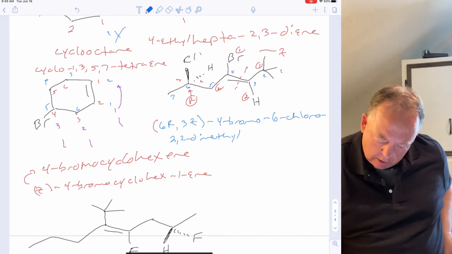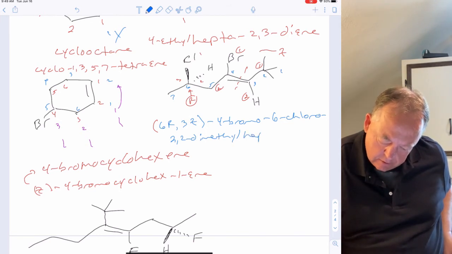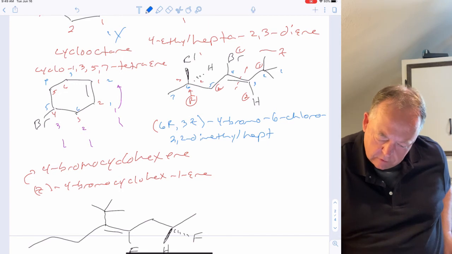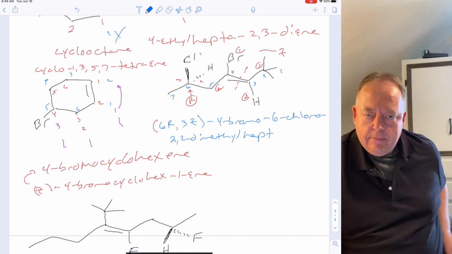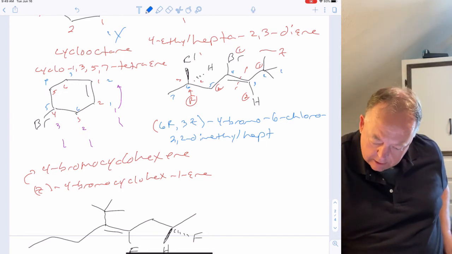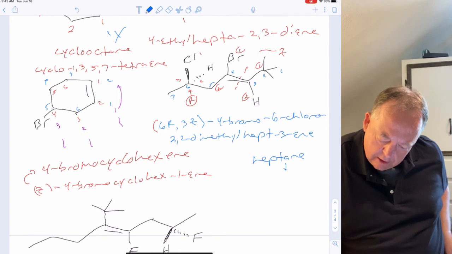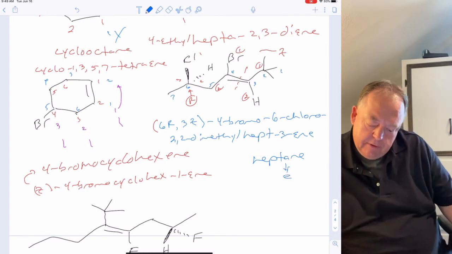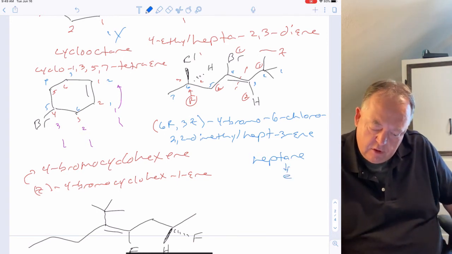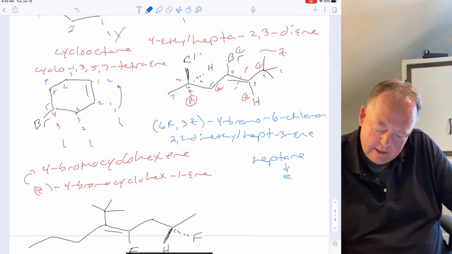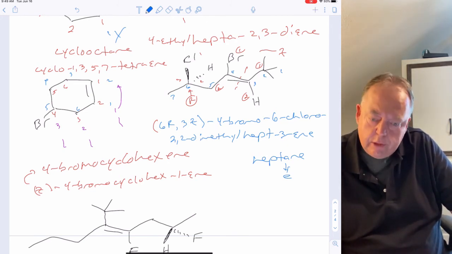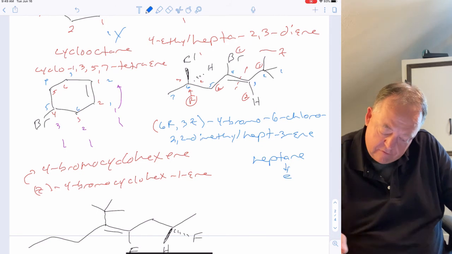And then 7 carbons would be hept. So hept and the carbon-carbon double bond, so heptane, but it's going to be a heptene because of the double bond, and the double bond starts at carbon number 3. So for heptane, we change the A to be heptene and put the 3 right before the E to indicate that the double bond starts at carbon number 3. And that should be the name of the molecule.